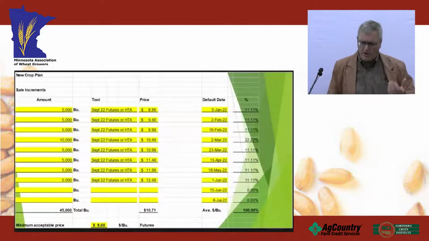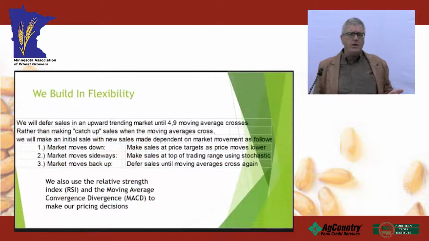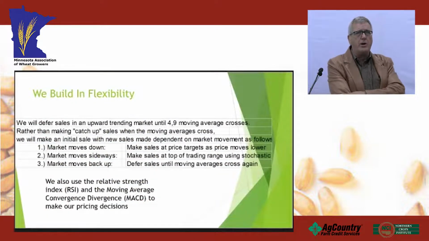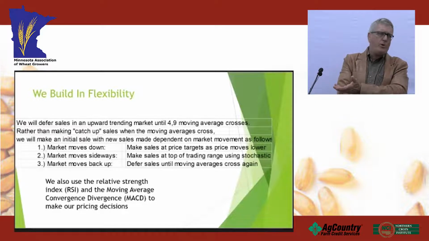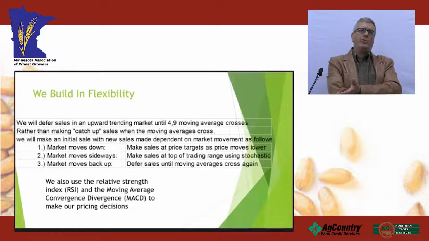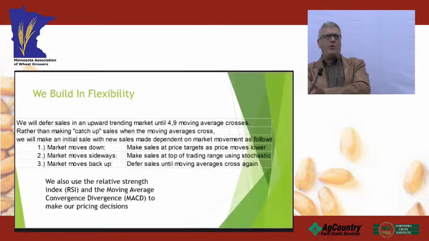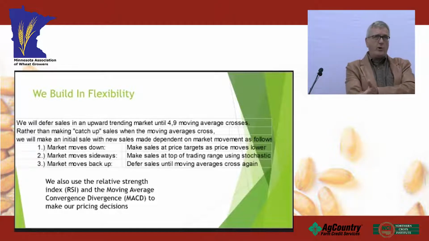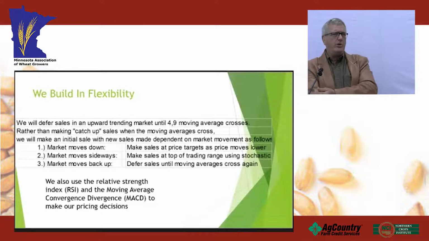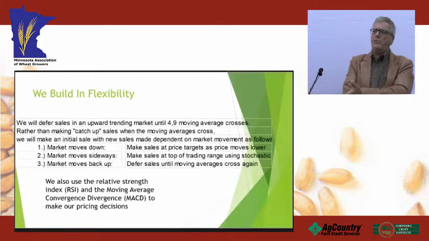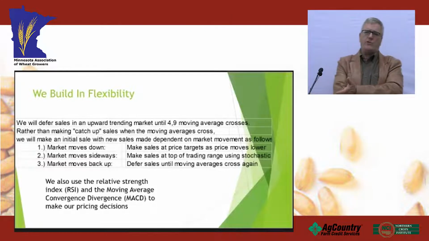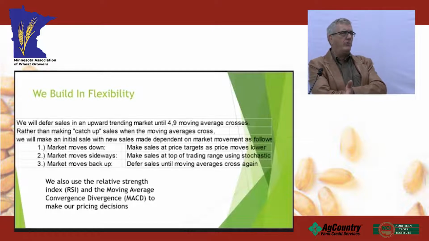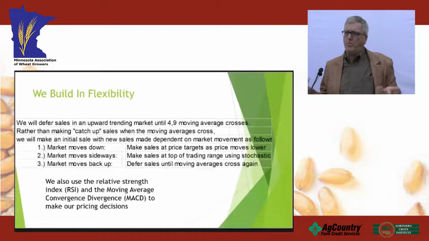Now, one of the things that we've learned from our mistakes in the past is that we try to build in some flexibility. And in this particular case, if we're in an upward trending market, which if you go back and look at that chart, we obviously were in, we give ourselves the flexibility to either use a 4 to 9 day moving average crossover as a sell signal, or in this particular case, we used a pair of trend-following technicals, the relative strength index and the moving average convergence divergence, to help make selling decisions when we were in those upward trending markets.